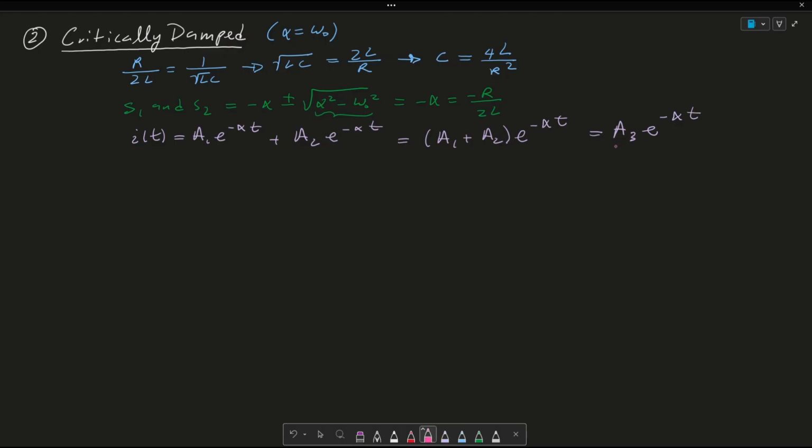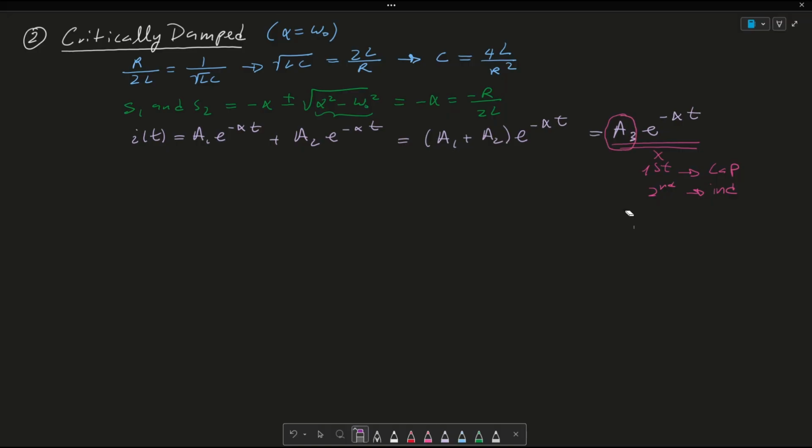So now the reason why I wanted to do this is to show you that this is not the correct answer. And the reason why it's not the correct answer is because we need two initial conditions, right? The first initial condition is associated with my capacitor, and the second initial condition is associated with my inductor. And as a result, one constant isn't enough to solve for the circuit.